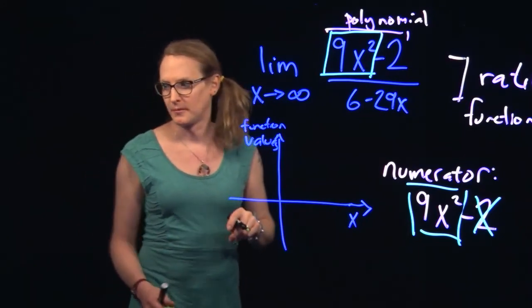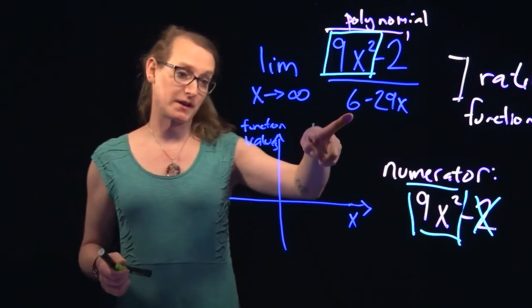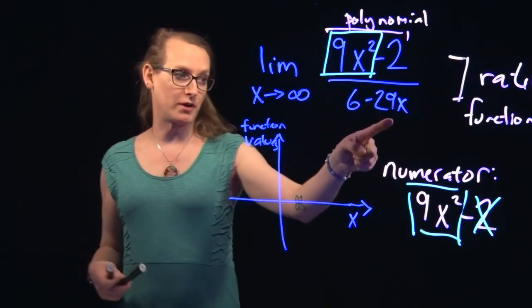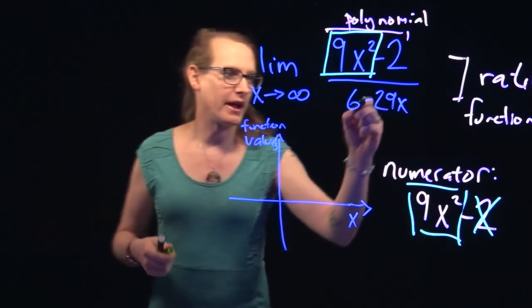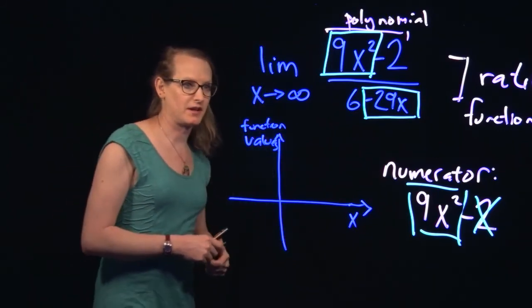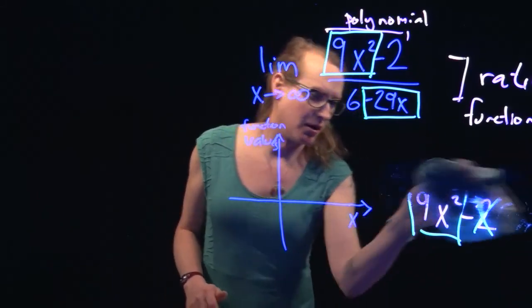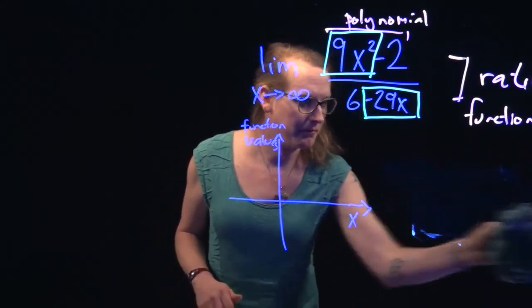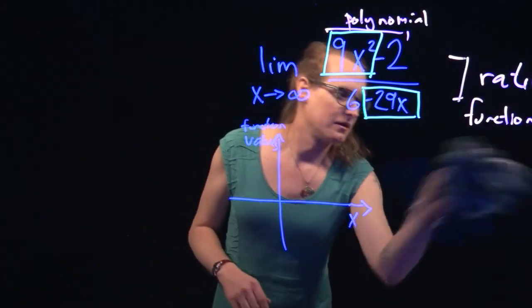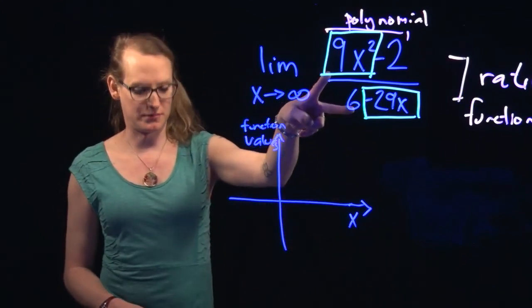Now we just need to do that on the bottom. The 6 is fixed. Change x all you want, 6 is going nowhere. The 29x is totally changing, and I'm going to be sure to include its sign as I indicate that it's the leading term. So the theorem for rational functions at infinity says that we can just ignore everything except for these two terms.